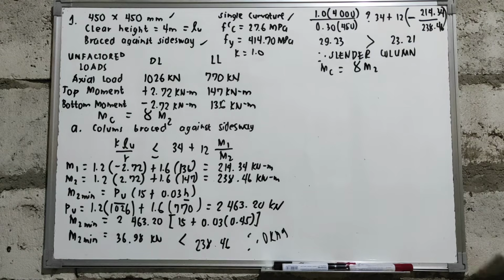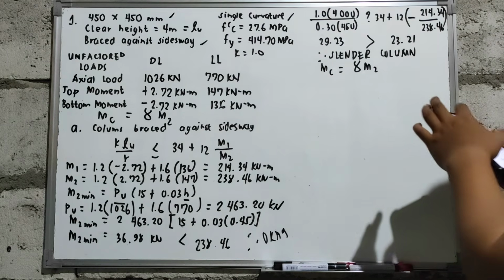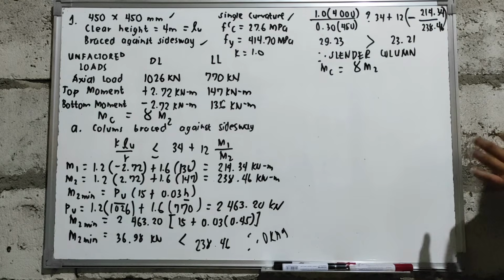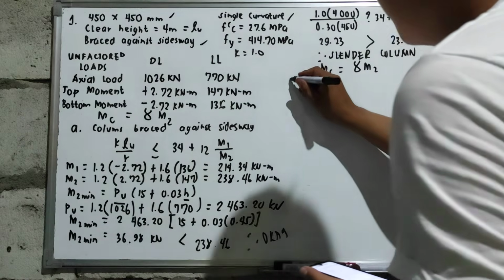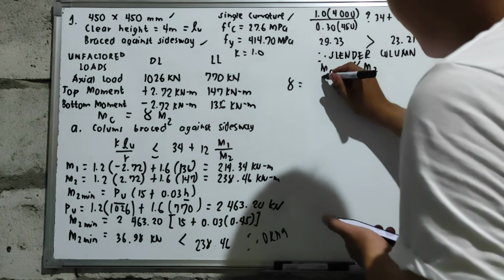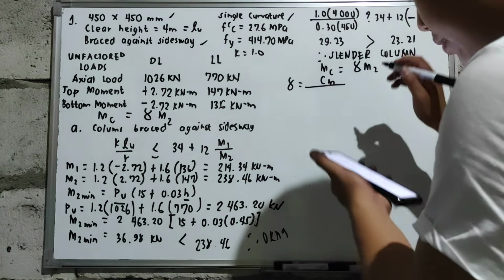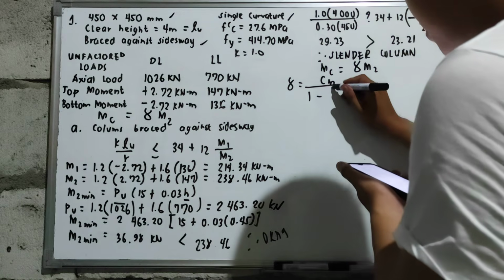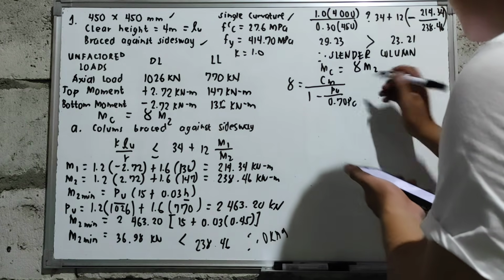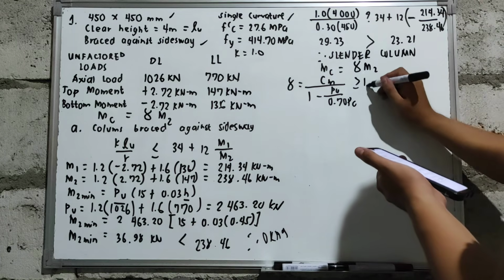So ngayon yung problema na lang is what will be the value of your magnification factor. So yung formula ng magnification factor, that is equal to C sub m over 1 minus P over 0.70 of P sub C, which is greater than or equal to 1.0.